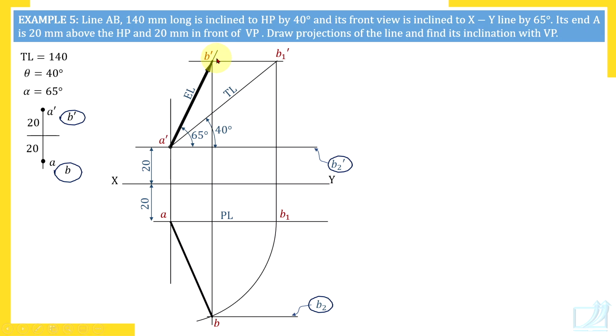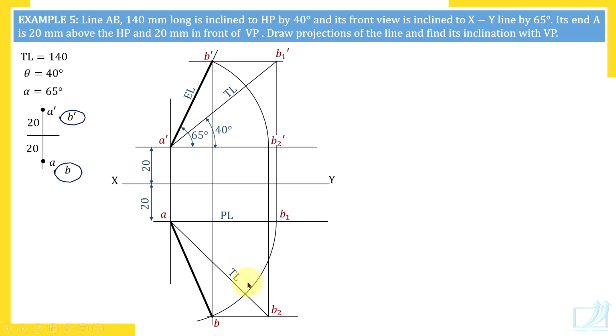So use compass, rotate about point A dash so that we'll get A dash B2 dash. Which other view has the same length EL? A dash B2 dash. Now through B2 dash, leave compass because we got a new point again. Through B2 dash, draw vertical line. So here we'll get B2, erase that B2 and join AB2. AB2, top view carrying suffix 2, is true length. So here it is true length.